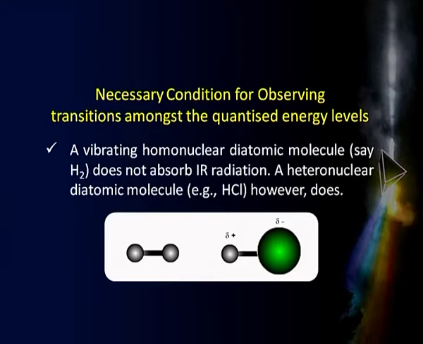On the other hand, HCl is polar to begin with, and if I expand this bond, the dipole moment increases. When it contracts, the dipole moment decreases. So, when this molecule vibrates, there will be an oscillating dipole moment which will be in a position to interact with the electrical component of the EM radiation, and there will be an interaction there.